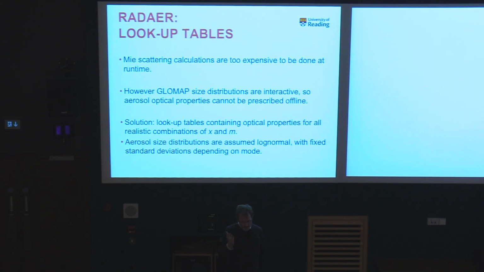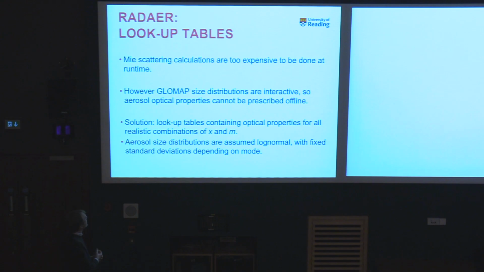So why use lookup tables? Well, the reason is that Mie scattering calculations are quite expensive, so it's difficult to do them at runtime. But the problem is that, as you may have seen, GLOMAP is a model that is able to simulate the size distribution of the aerosol interactively.